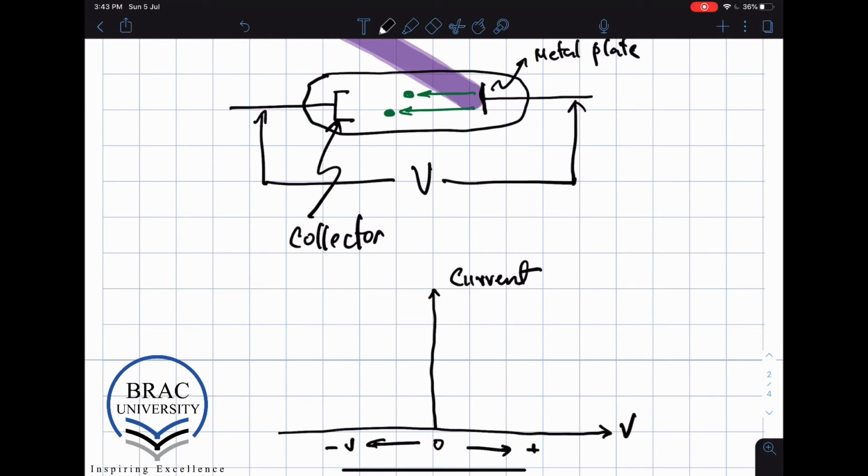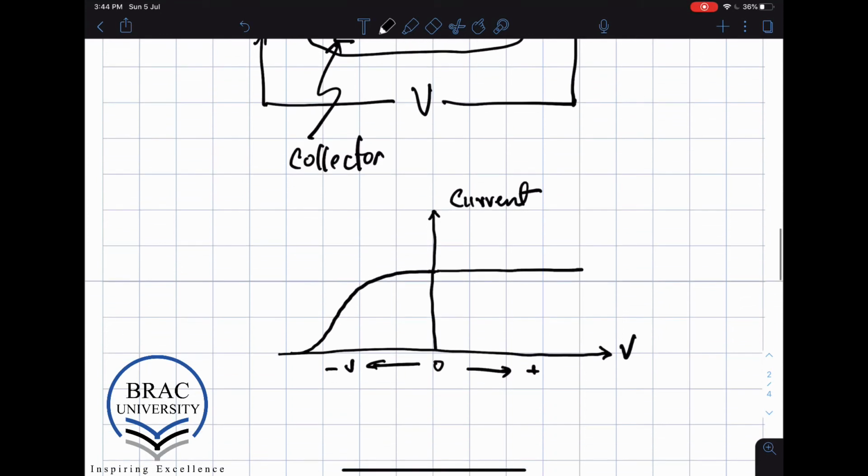So the retarding potential, we get a current for the negative potential like this, and then the current becomes constant. And this is the stopping potential.